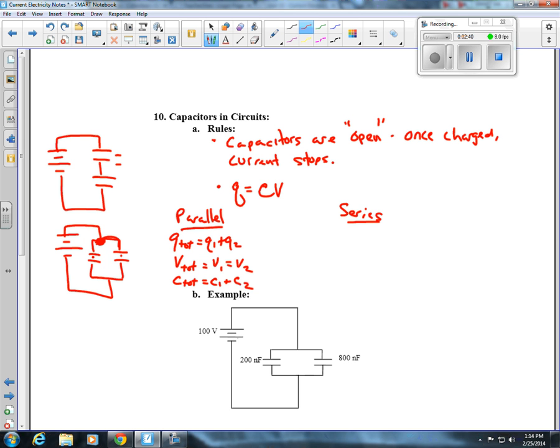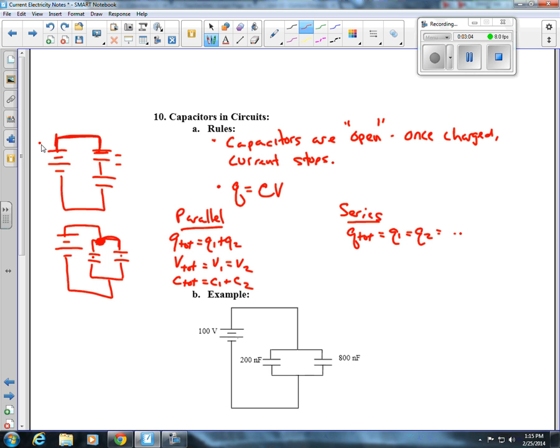They flip-flop for capacitors. Now, in series, looking at this top one, whatever current comes out of the battery here is all going to get deposited on this plate. So the charges are the same. So Q total equals Q1 equals Q2. The difference is going to be the voltage.